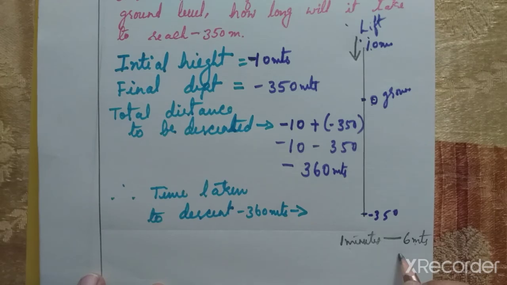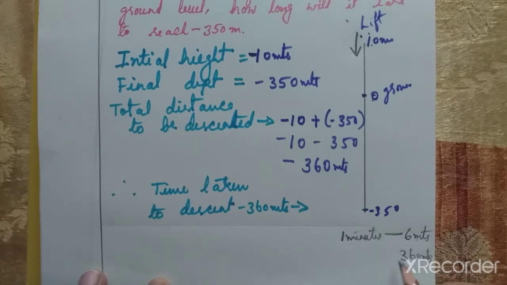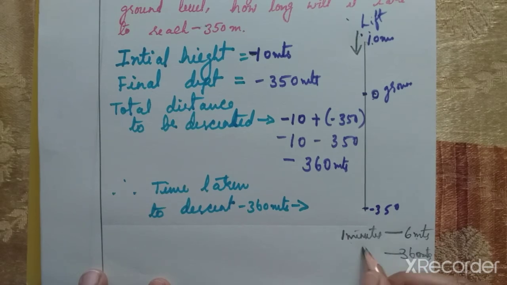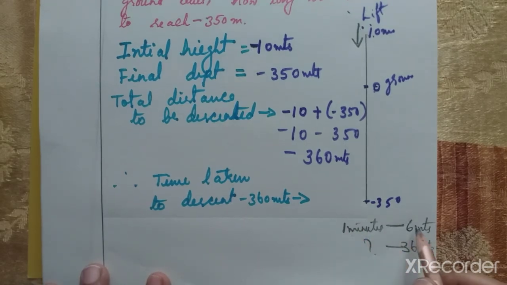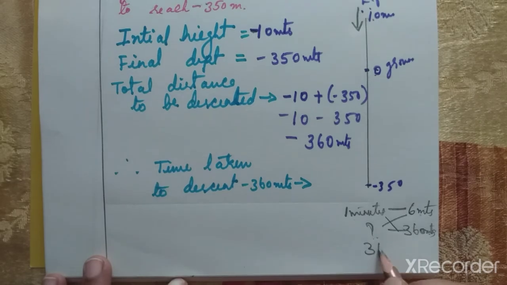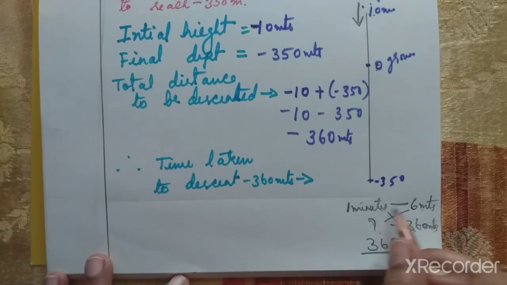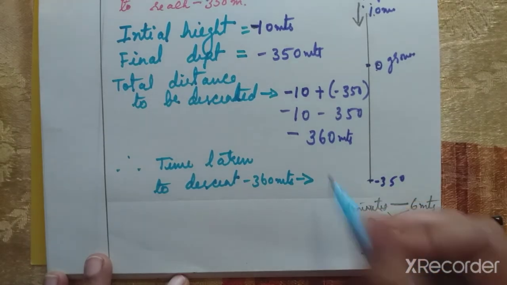So to cover 360 meters, how long does it take? In 1 minute, 6 meters are covered. For 360 meters, how long will it take? So 360 by 6, 360 into 1 divided by 6. 6 ones are 6, 6 sixes are 36. 60 minutes. The answer is 60 minutes.